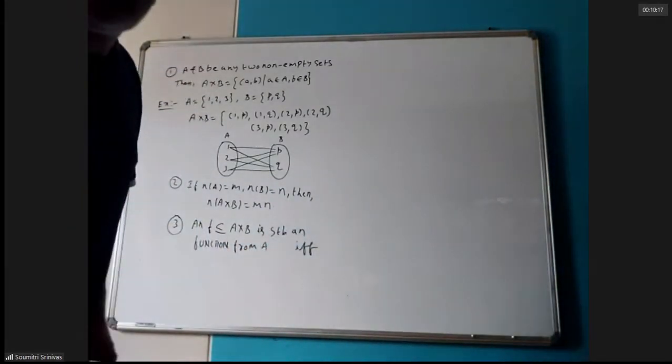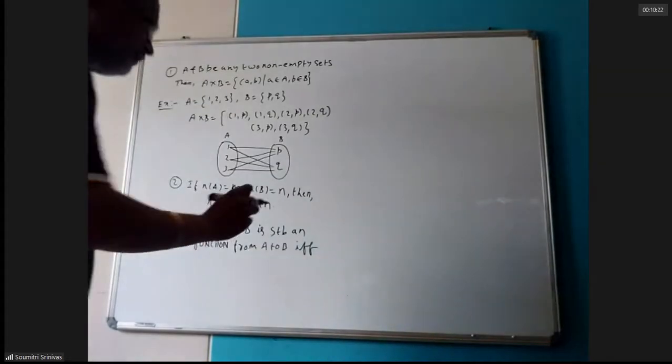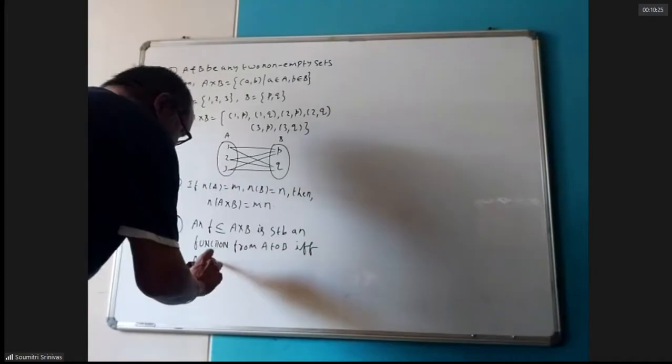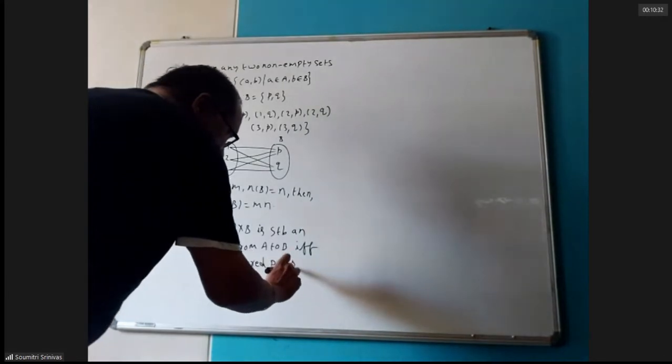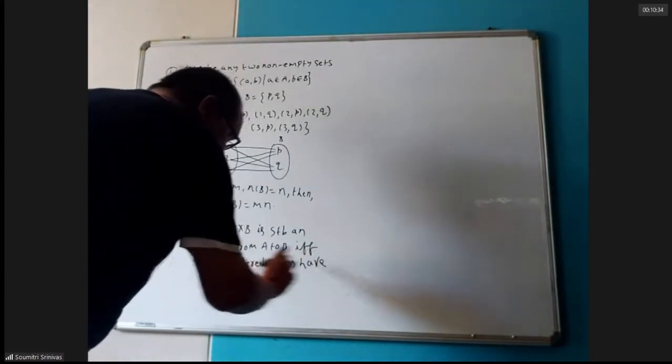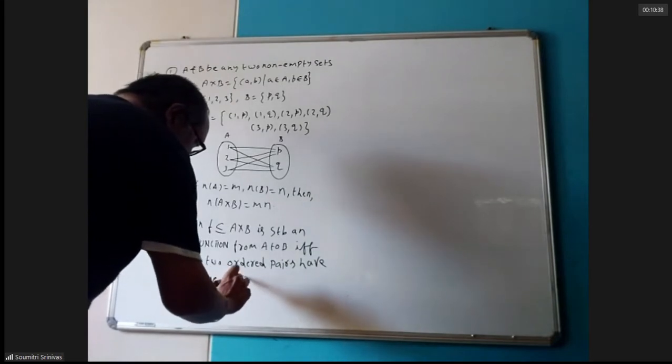no two ordered pairs have the same first coordinates.